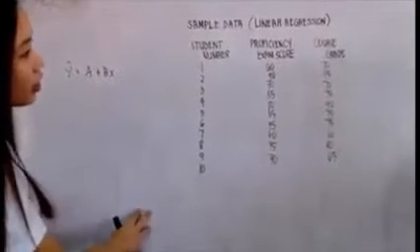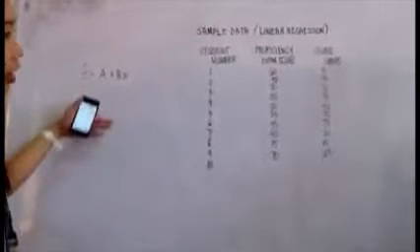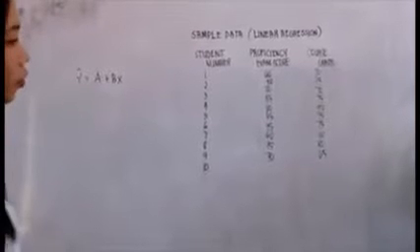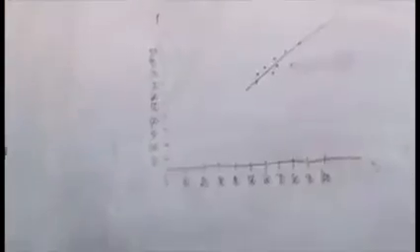Sample data for linear regression: we have 10 data for student number with proficiency exam scores and course grade, as x and y coordinates.